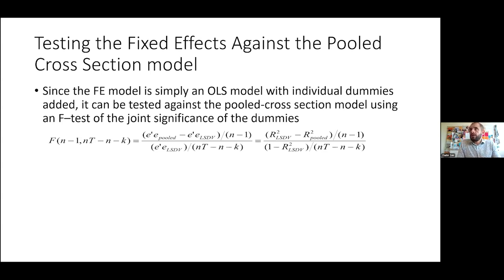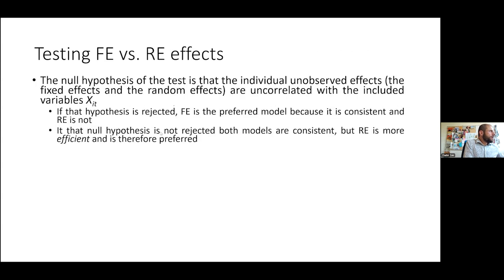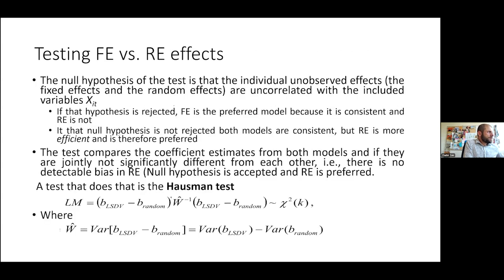And that's the idea of the Hausman test, which is basically to compare the estimates of the random effect model and the fixed effect model. I will come back to this later, but let's see the Hausman test.